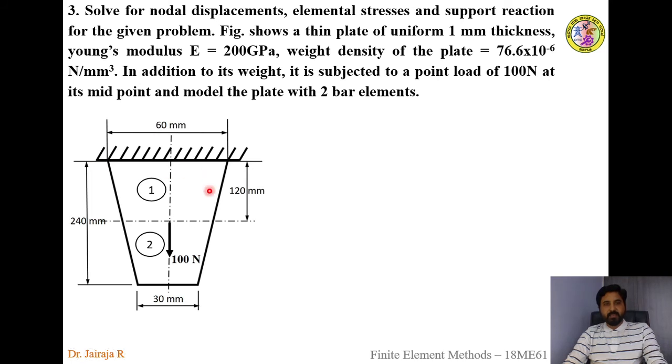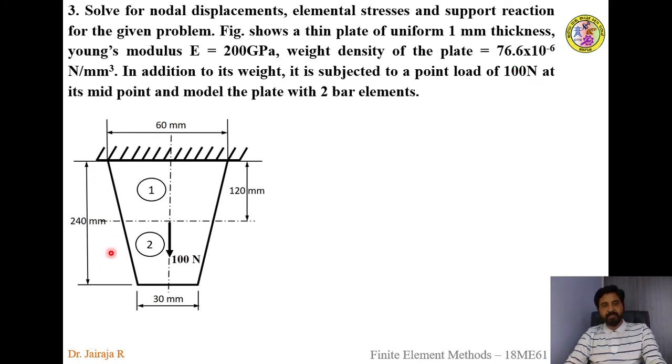Actually, this is a tapered plate of thickness 1 millimeter. Since the thickness is very small, we can convert this 2D problem into a 1D problem, and we need to model using two bar elements. So this entire plate is divided into two elements, element 1 and element 2, and the force is acting exactly at the center of the plate.